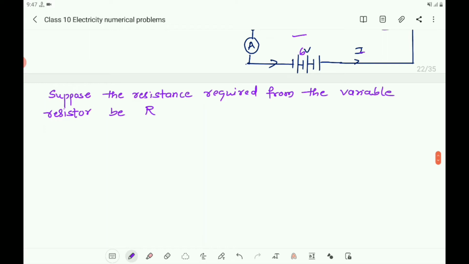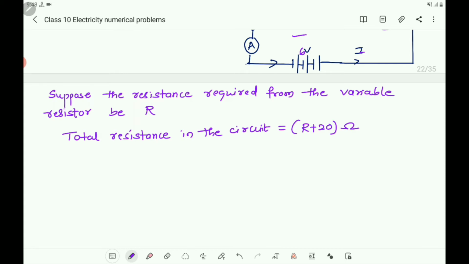Now the total resistance in the circuit becomes R plus 20 ohm, because 20 ohm is the resistance of the lamp.